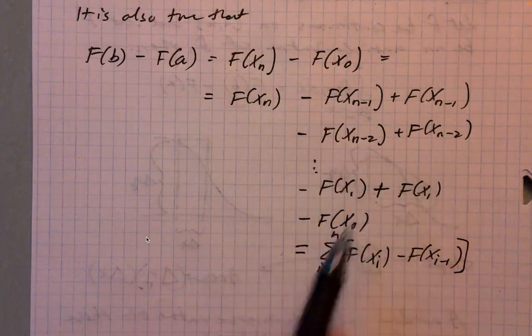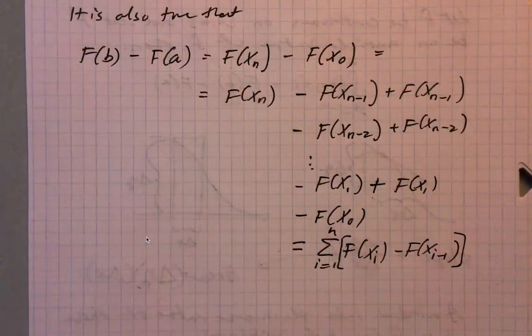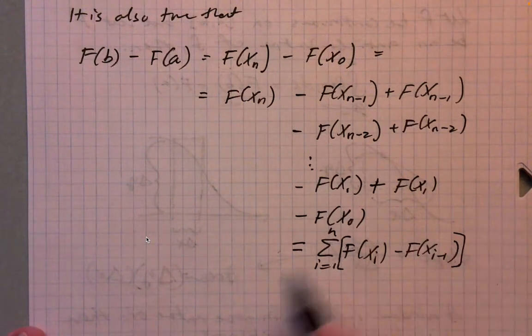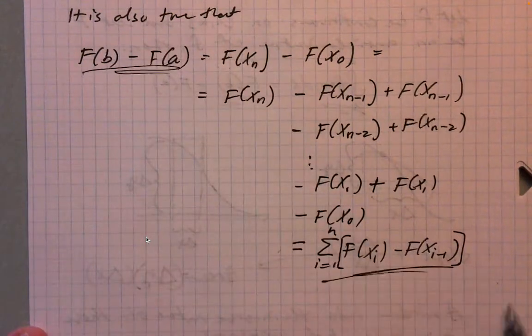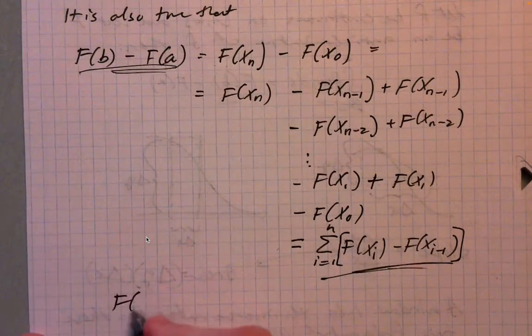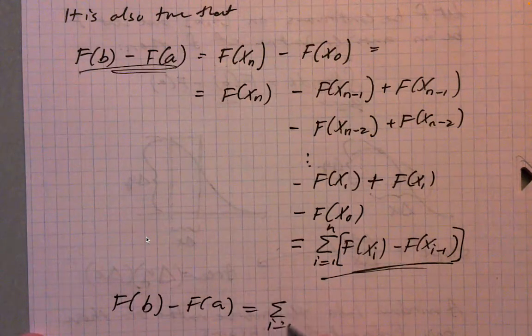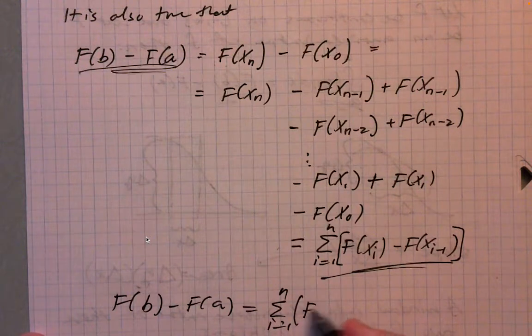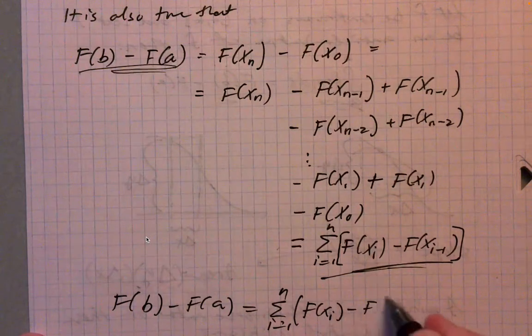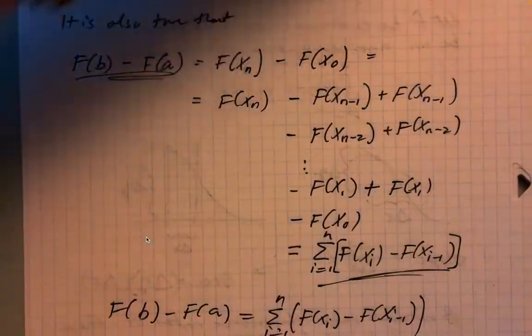And so it would be the next diagonal. And in that way, you would get all the way up to the very top. Okay. All right. So keep this piece here in mind. Basically, F of b minus F of a equals this sum. Okay, so keep that in mind.